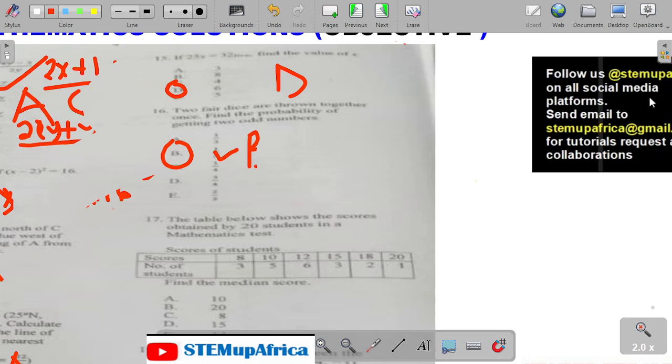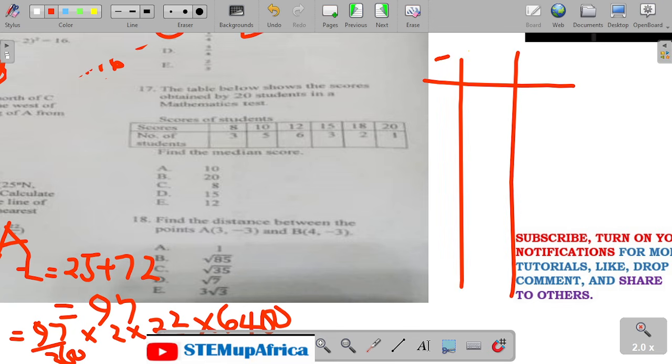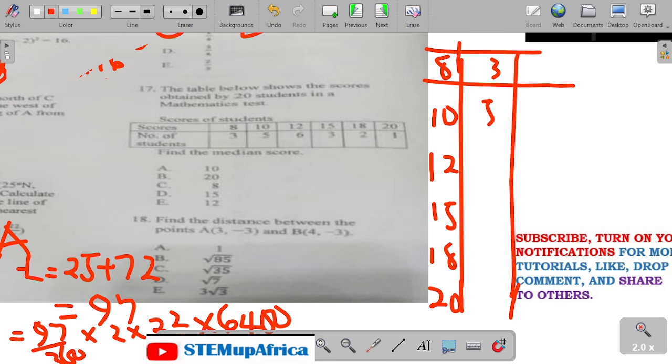I go to 17. Here is B. You say find the median. The easiest way is to draw the column: here is 8, 10, 12, 15, 18, 20. Their frequencies are 3, 5, 6, 3, 2, 1.